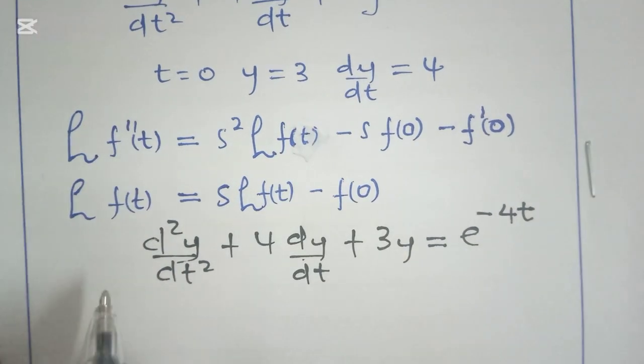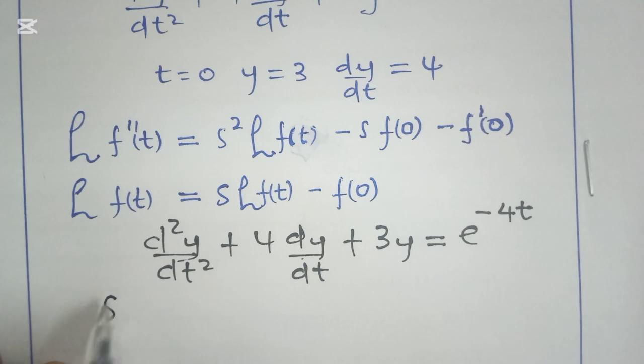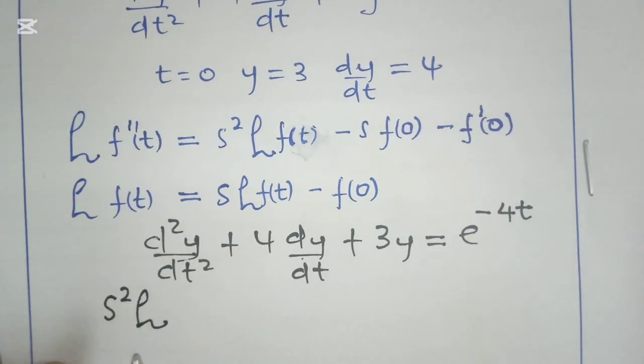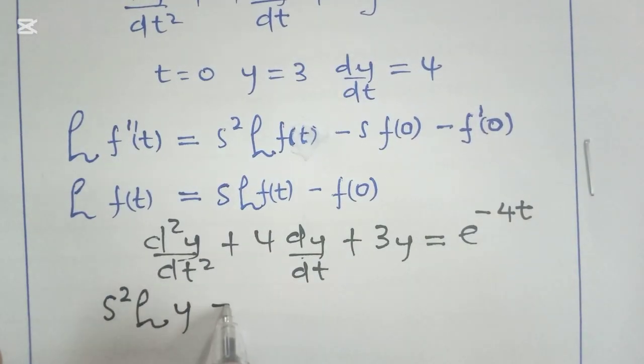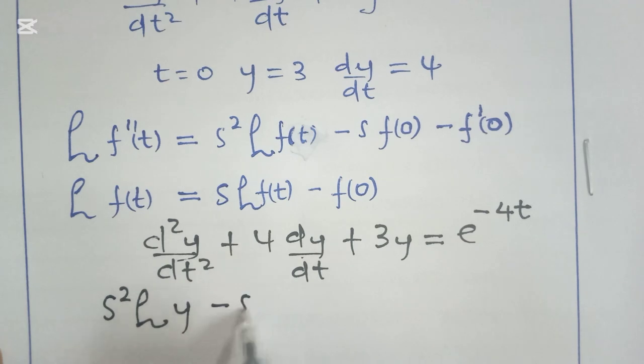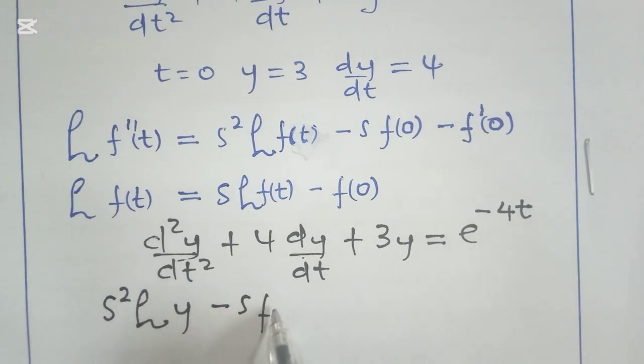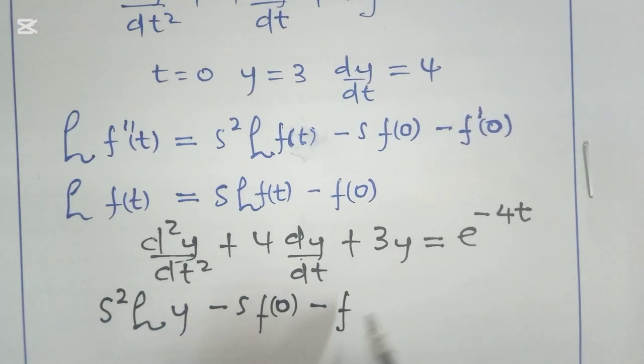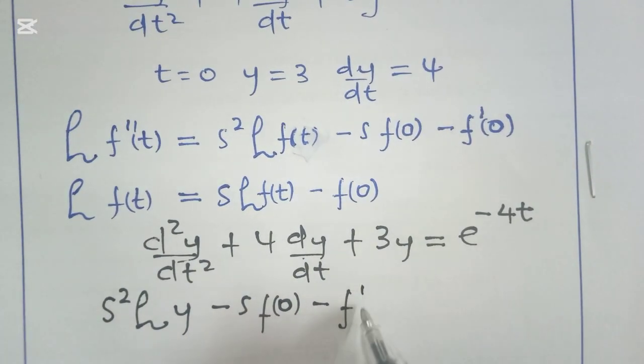And so therefore, we are going to have s squared times the Laplace transform of y, minus s f(0), that is the initial condition, minus the initial condition for the first derivative.